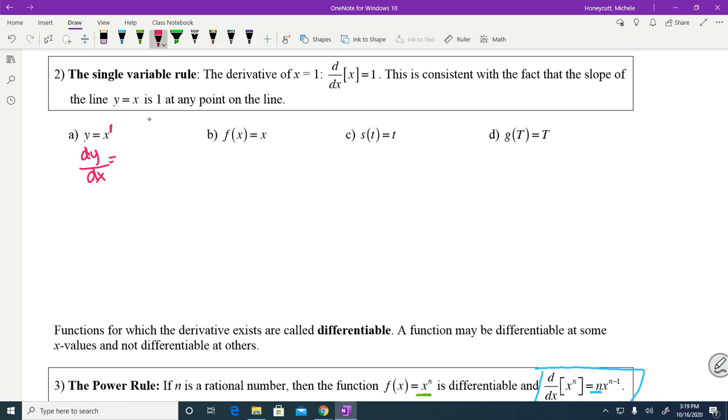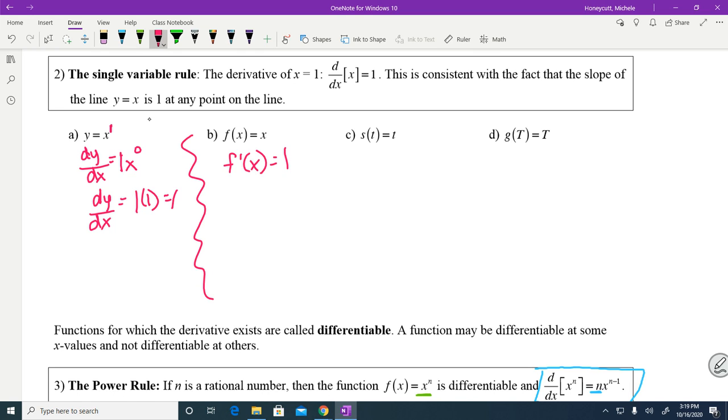So 1 in the front would be 1. X, subtract 1 from the exponent, I get 0. And anything to the 0 power is 1. So this is 1 times x to the 0 is 1, and 1 times 1 is 1. So the derivative is 1. The derivative of x is 1.